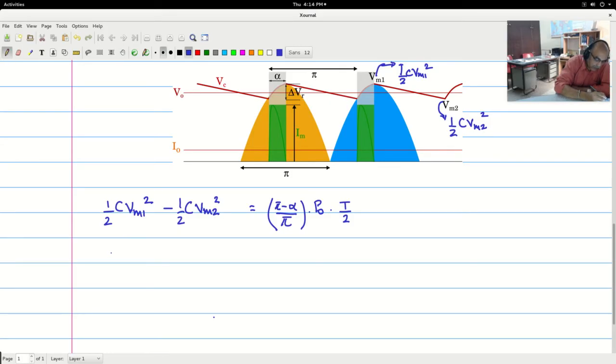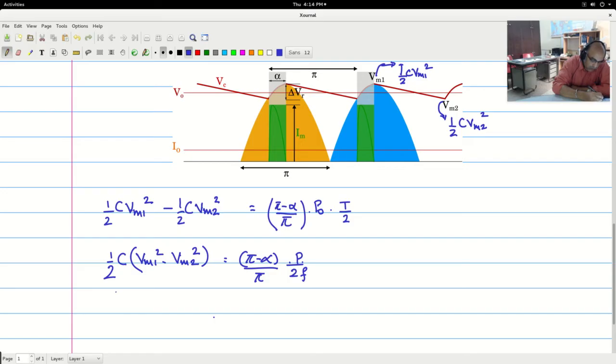So let us simplify this. Half C into Vm1 square minus Vm2 square, which is pi minus alpha by pi into P naught by 2 F. F is the supply frequency.